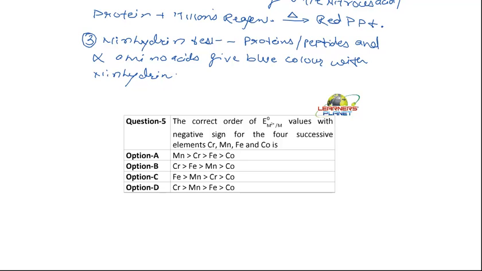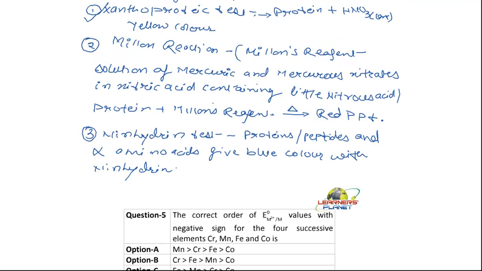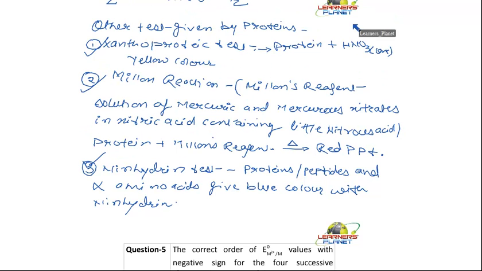Right? Your proline gives a different color with ninhydrin. So these are all the tests which are given by protein, and you should basically know these specific tests. Say here I have told you about protein. You should also know the tests for carbohydrates, for your aldehydes, your ketones, phenols, carboxylic acids, and all those tests. Right? They're actually very important.